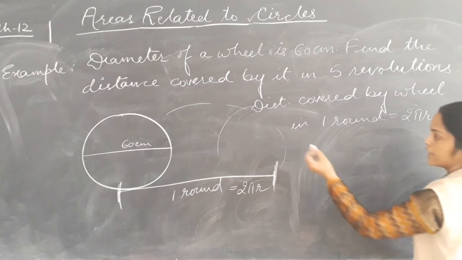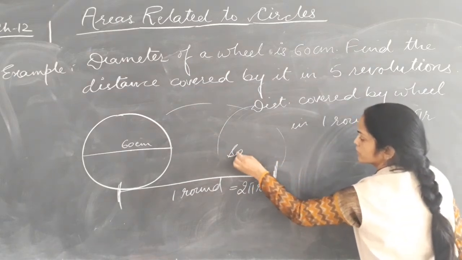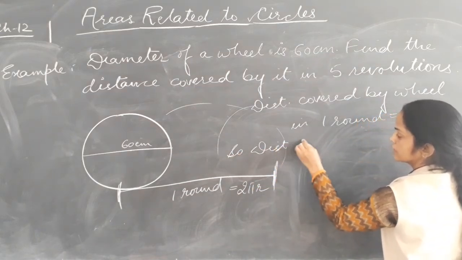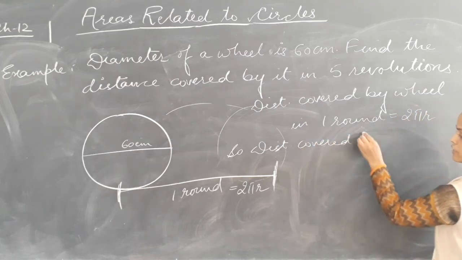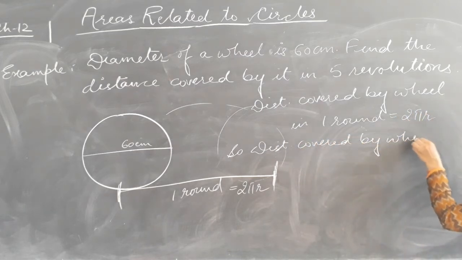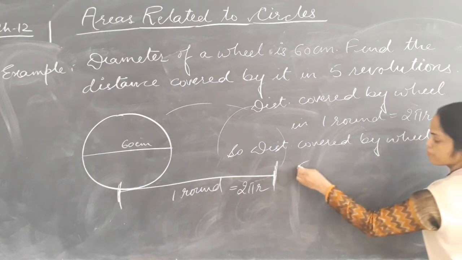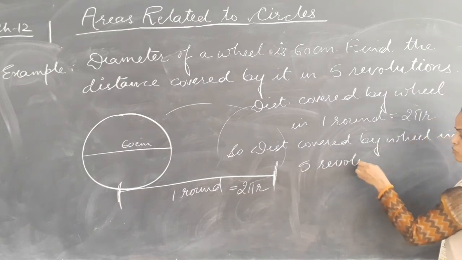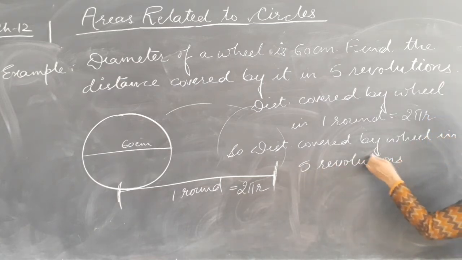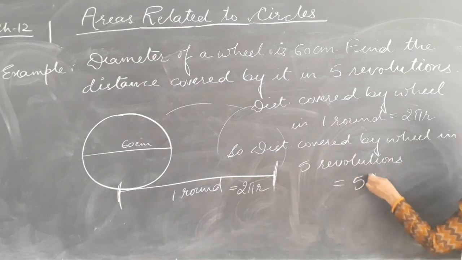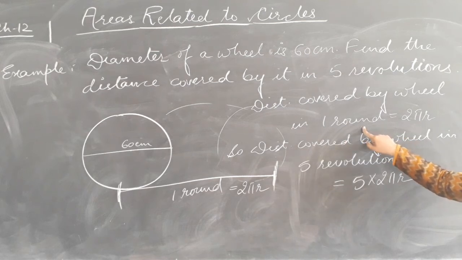Okay, and directly you can write, so distance covered by wheel in 5 revolutions or 5 rounds. What will be the distance? 5 multiplied by 2 pi r. In one revolution, distance covered by wheel is 2 pi r.